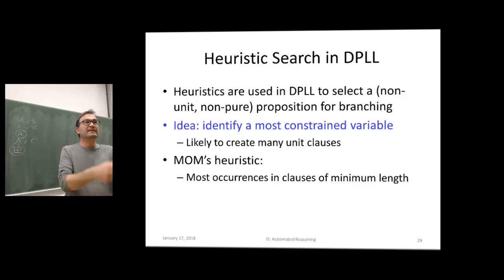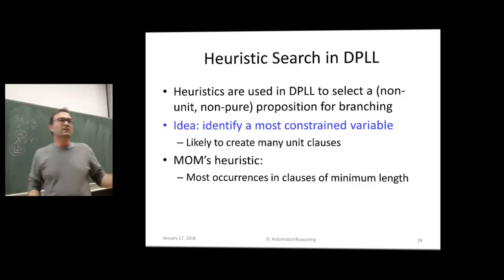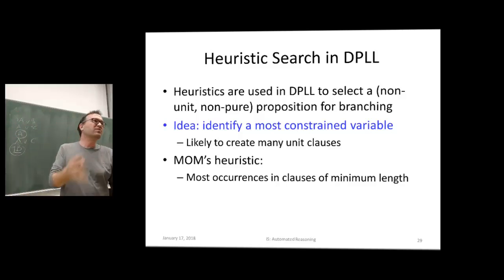And that basically means that there are many constraints in which it plays a role. And if you start choosing the wrong one, you will have to redo this closure again and again and again, every time you do the backtracking. So if you start with the constrained ones where your chances are high that there is a contradiction, your chances of cutting off big parts of the tree are highest.